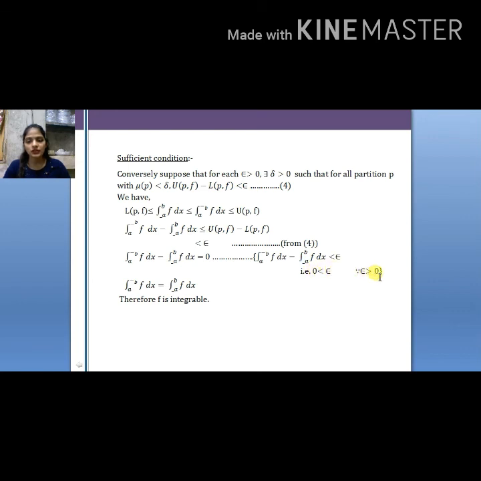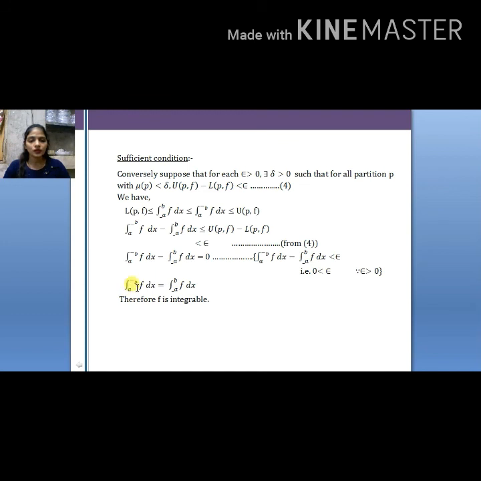Since epsilon is strictly greater than 0, we get the integration from a to b bar f dx minus integration from a to b f dx is equal to 0, because we compare those two steps.